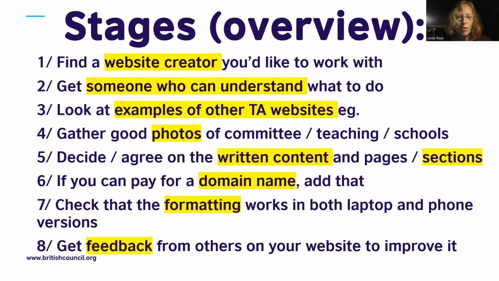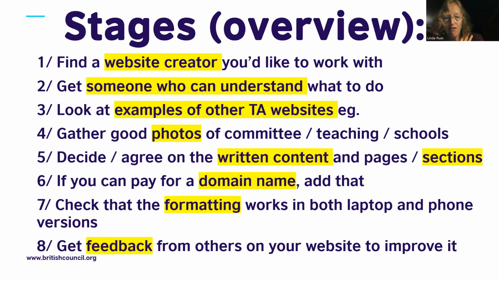When you've got all your pages, sections, photos, written content, you've got it all looking the way you want it, you've still got to check the formatting, because when you have a website, of course, it works in both laptop and phone, smartphone versions, and you've got to click on lots of things to make sure the formatting works both ways. And before you start sharing it, you've got to get feedback from lots of other people on your website to improve it.